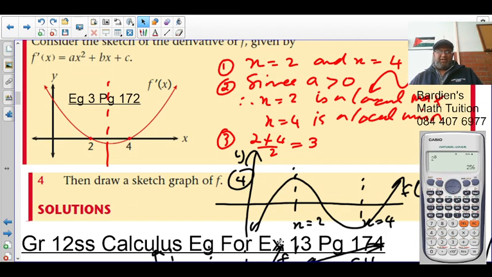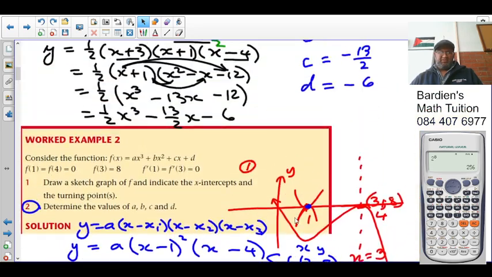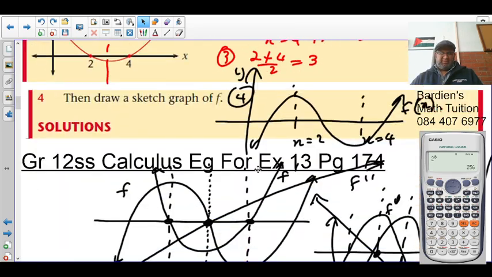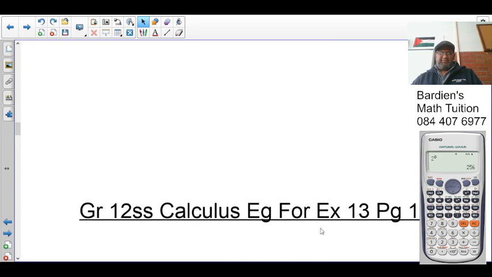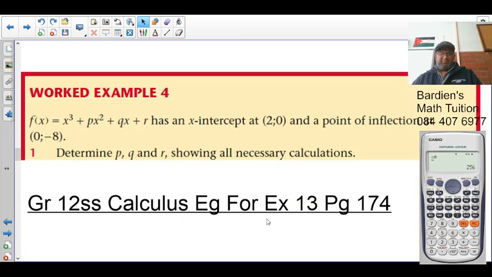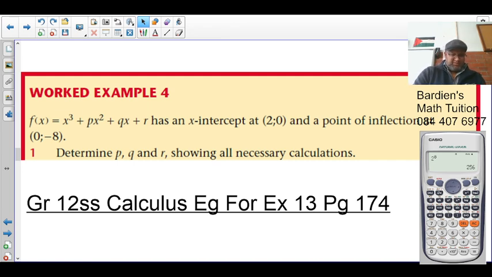Example 4 is on page... It would be nice if somebody can tell us then. Example 4 is on page... Why isn't it coming out here?